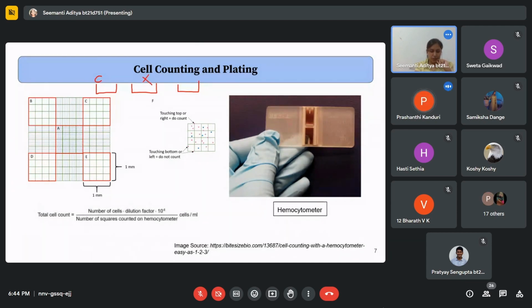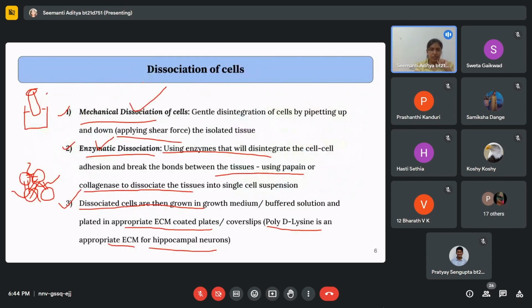Yes. Can you please explain dissociation of cells once again? Yes. Dissociation of cells is basically this: when there is an organ that we are dissecting and taking out of an animal, that organ is a mixed tissue.